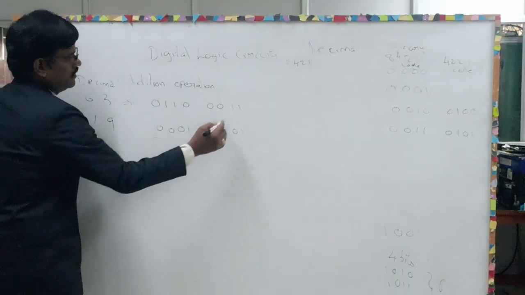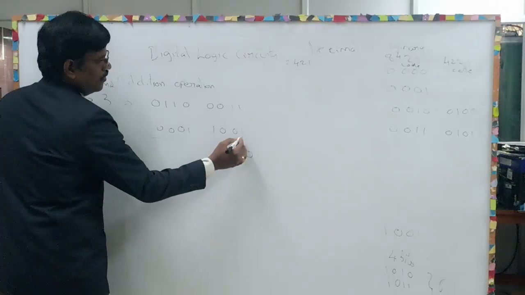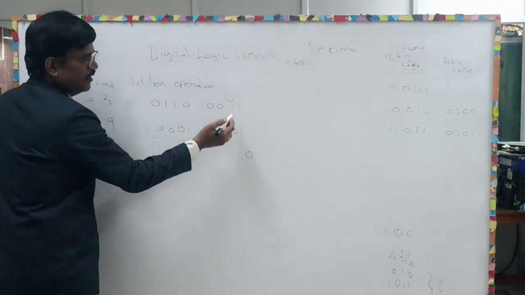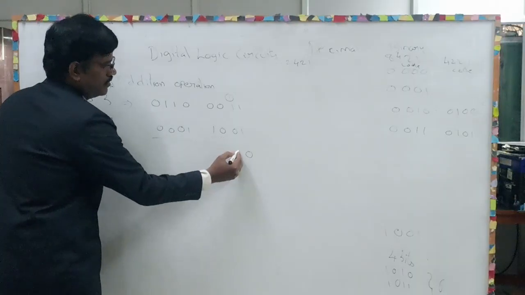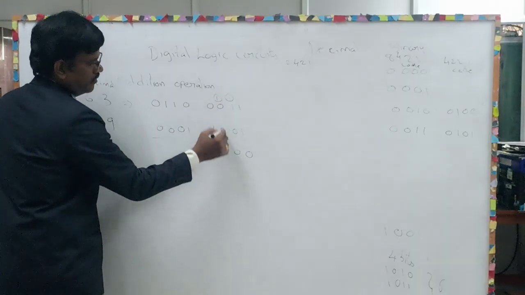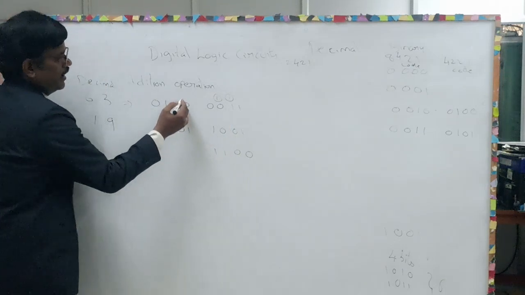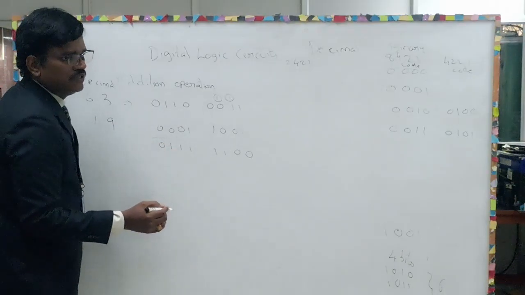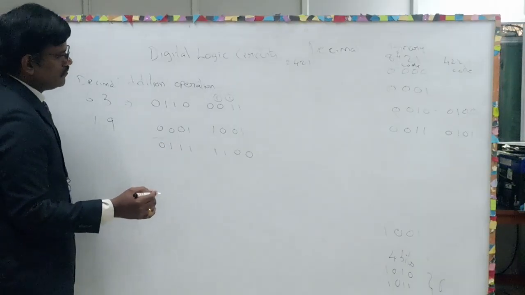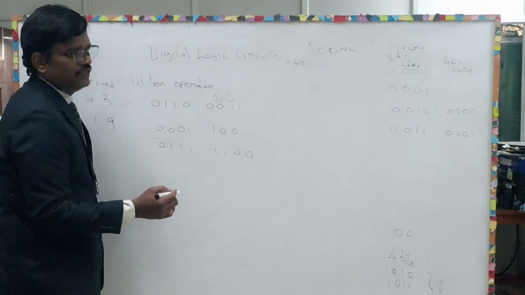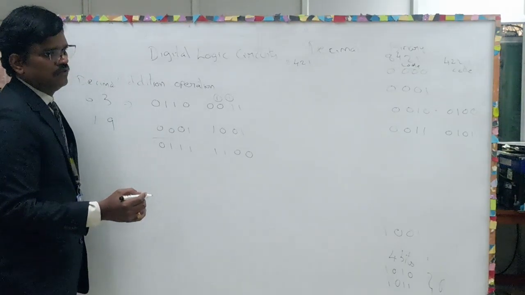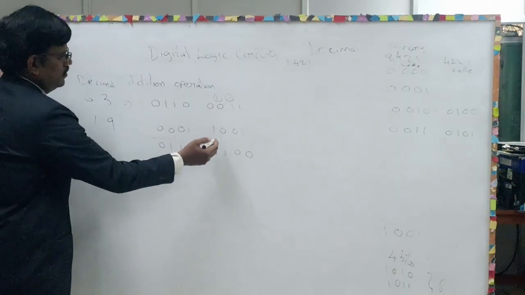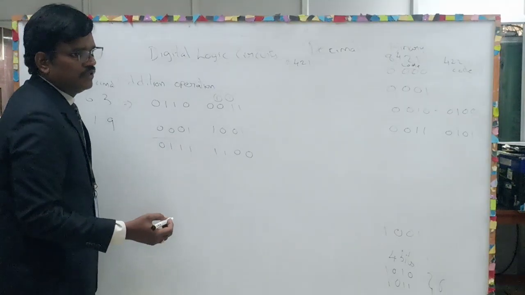When you perform the addition, in binary 1 plus 1 is 0 with a carry 1. Here again it is 1 plus 1, so it is 0 with a carry 1, and this is 1, and this is 1, and here it is 1 1 1 0. So, we have this value available as 0 1 1 1 1 0 0 0.